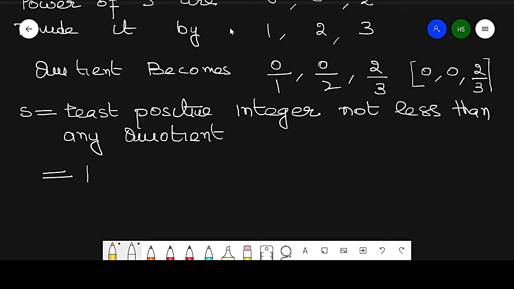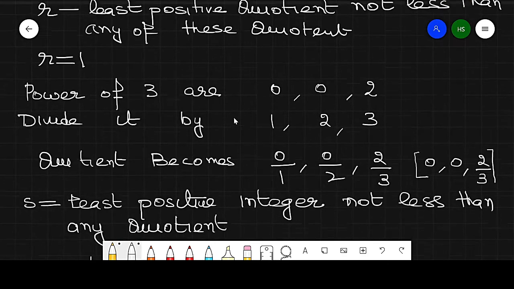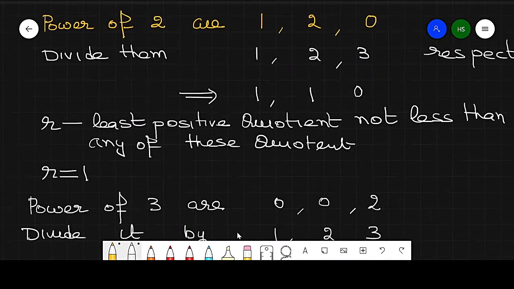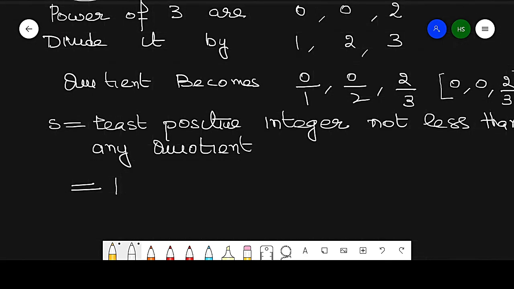In the previous case, the quotients are 1, 1, 0, and r is the least positive integer not less than any of these quotients, that is 1. In this case r is 1, and in the second case s is equal to 1.